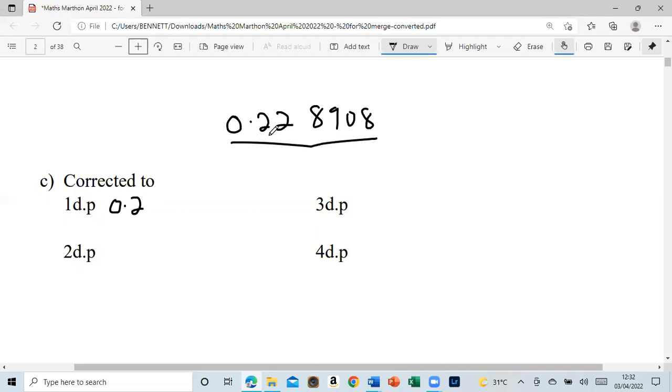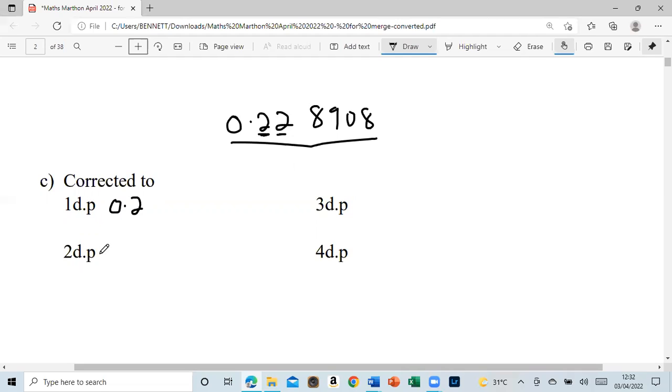So we check it. 1 decimal place means 1 number must come after the decimal point. So we check the number immediately after it. If it's 5 or greater, we add 1. If it's less than 5, we drop it off, right? So 2 is less than 5, so we just drop it here.